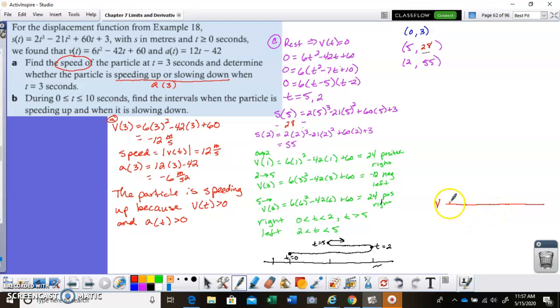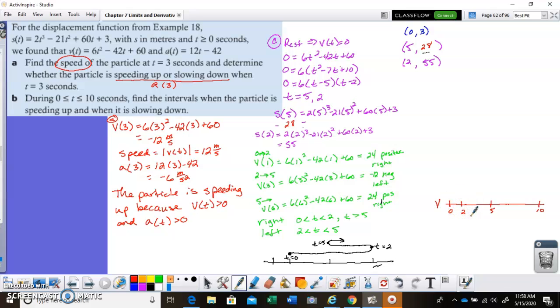So the sign diagram will start with 0 seconds, and it says to end at 10 seconds. And we found out that at these values, at 5 and 2, is where my velocity was 0. So I'm going to put my 5 about halfway, and my 2 a little bit less than halfway.